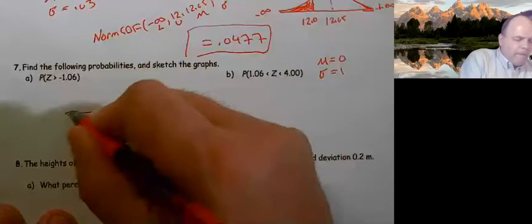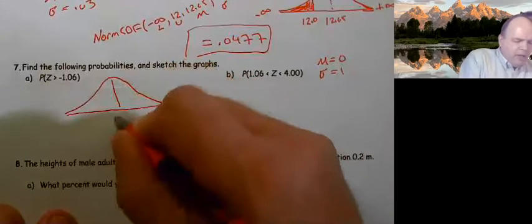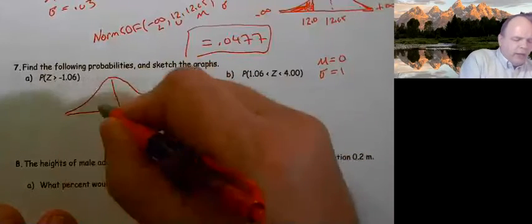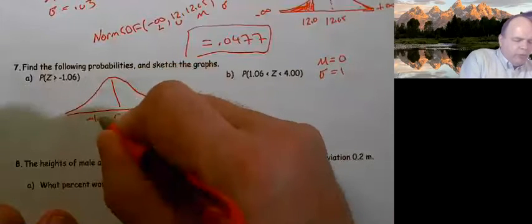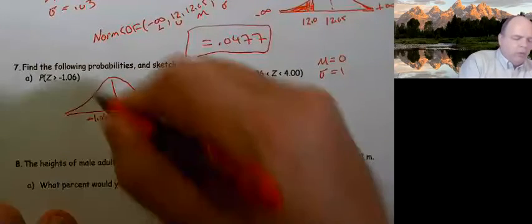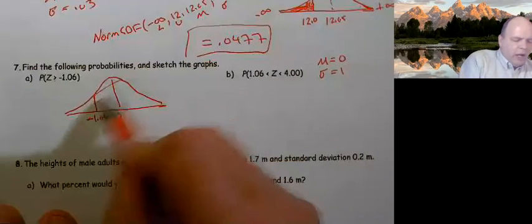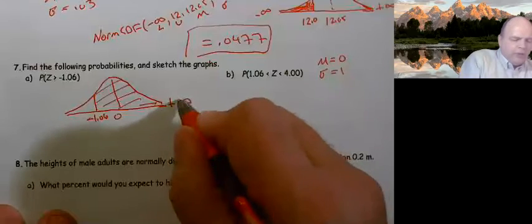So at this point, the mean is 0. And they said probability that z is greater than negative 1.06. Well, negative 1.06 is below 0. So somewhere here, but it says greater, so I'm shading up this direction.